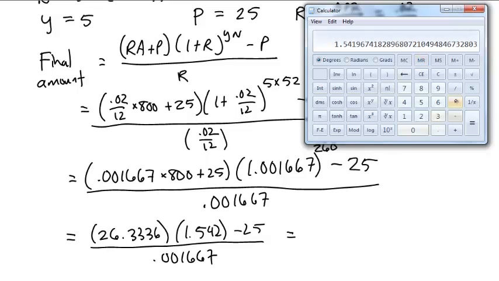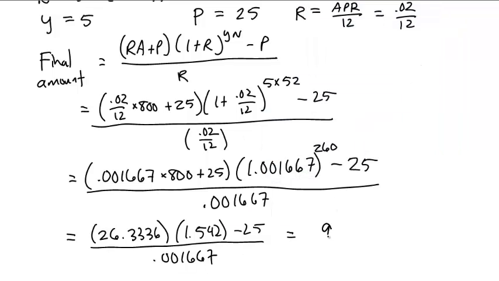I want to multiply that by 26.3336 equals, and then I say minus 25 equals, divided by 0.001667, and that gives me 9361.46. Really? That seems like quite a bit of money.